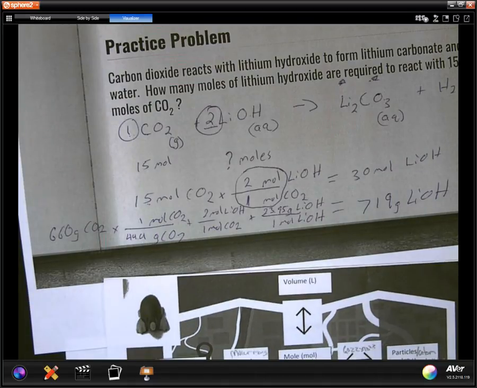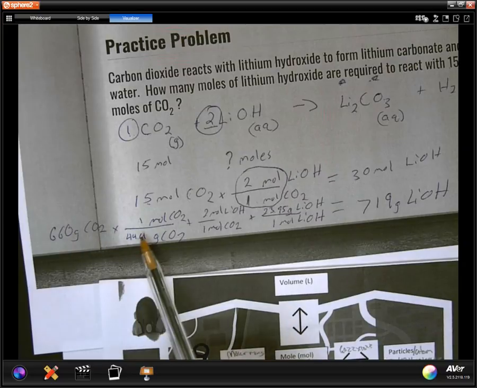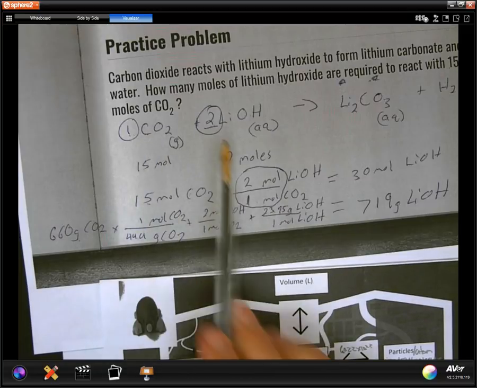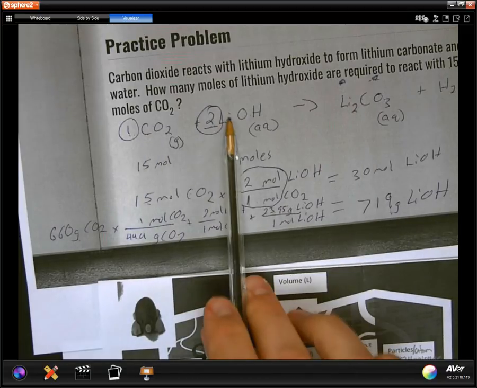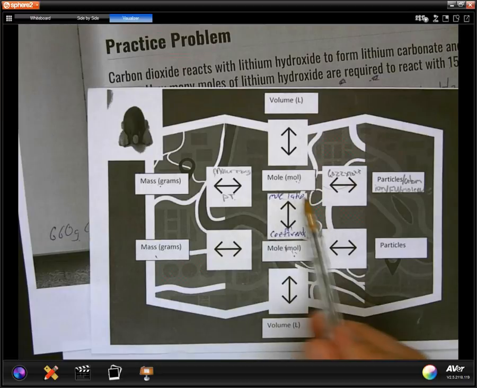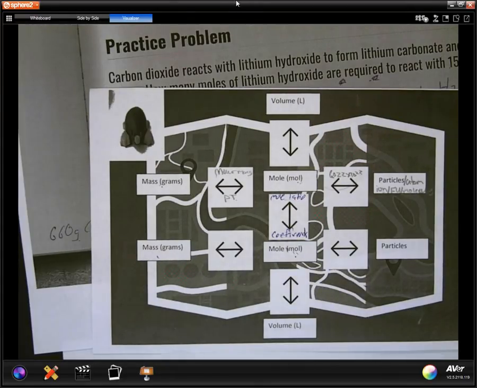So all we're doing in this lesson is learning this mole ratio, but then you're going to use what you've learned before and do a long problem like this, converting from grams of one thing to finally grams of another thing. The idea here is our coefficients give us the mole ratio, and it allows us to convert between moles of one thing and moles of another thing.